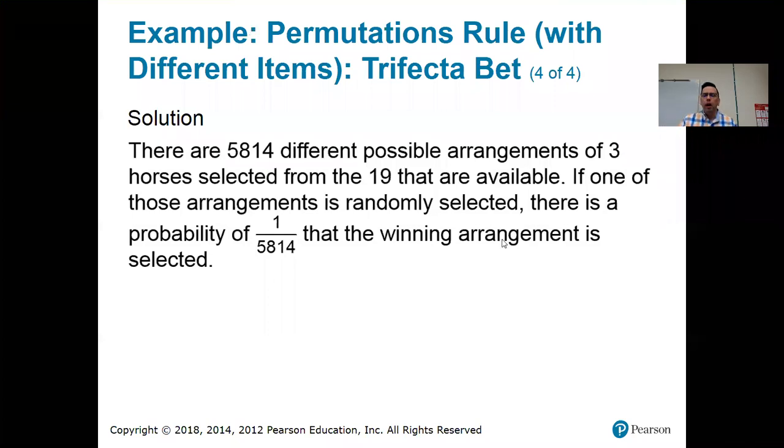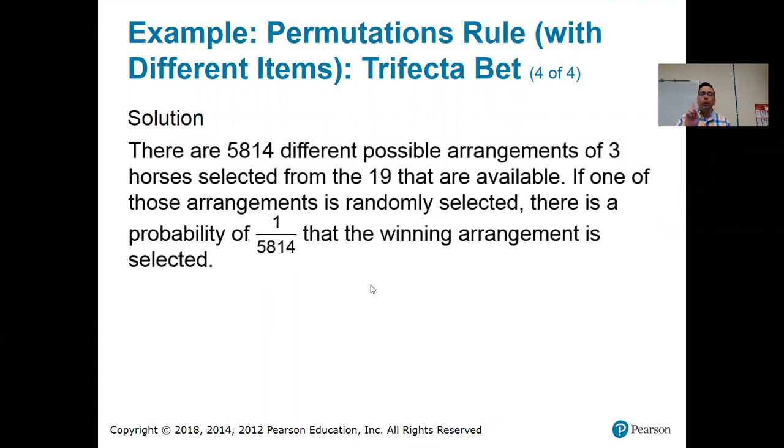Okay. So since there are 5,814 different possible arrangements, randomly selecting the one that has a particular 3 horses coming in first, second, and third, the probability of that happening is 1 out of 5,814.